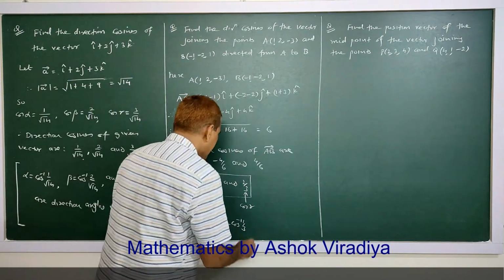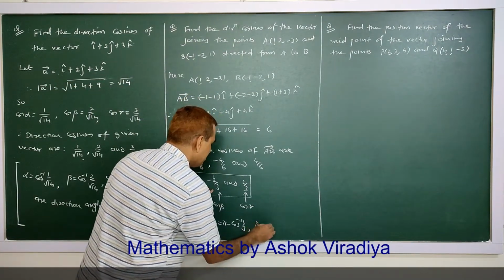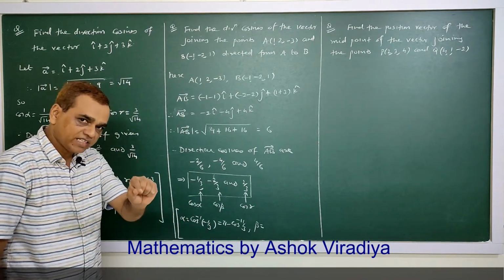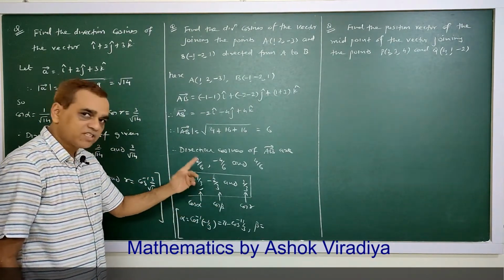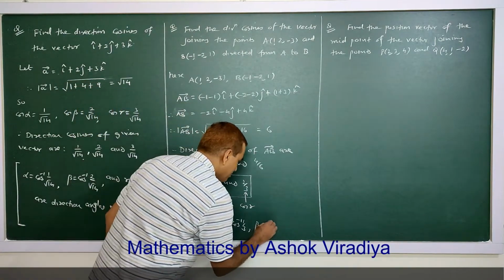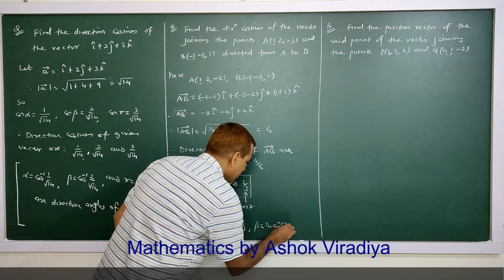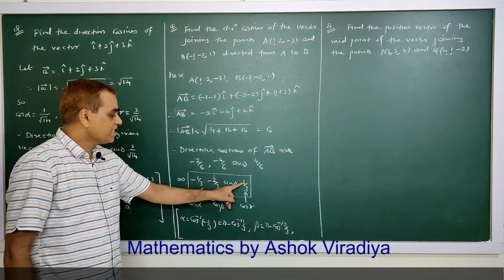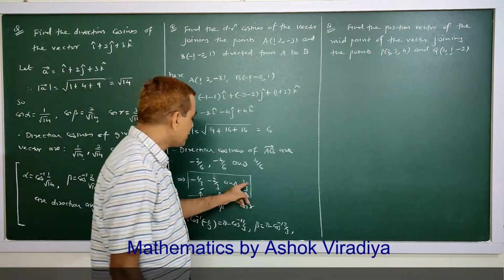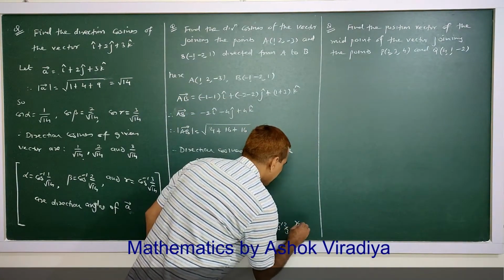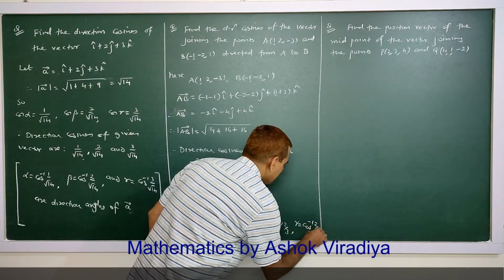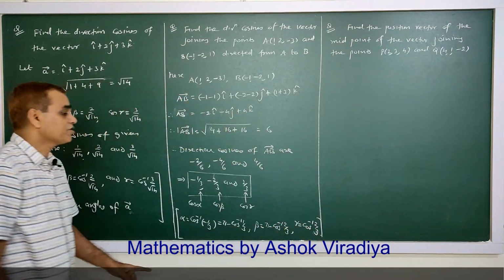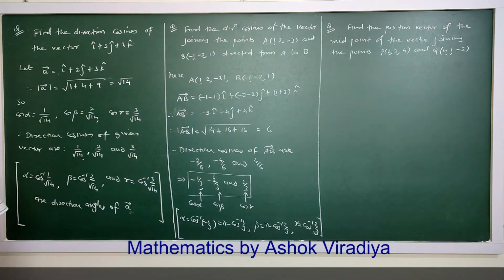Similarly, you can find beta. Beta is cos inverse minus 2 by 3, which is pi minus cos inverse 2 by 3. Cos gamma is 2 by 3, so gamma is cos inverse 2 by 3. So these are direction angles.